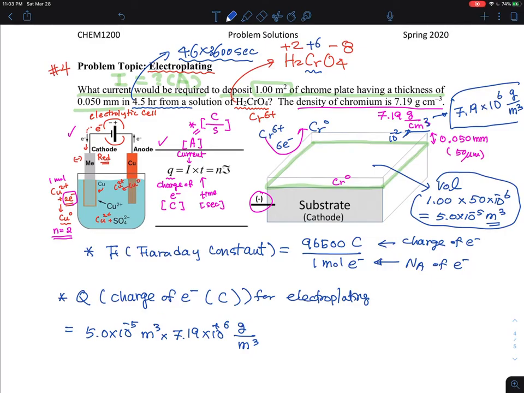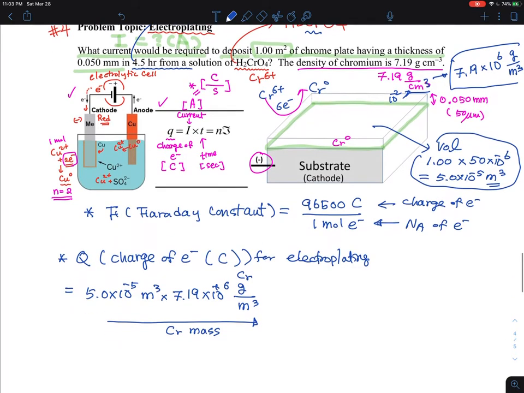And this will allow me to essentially get up to here. This is a chrome gram, right? So chrome mass. How much chrome mass do I need to deposit for the electroplating? And this is gone, and I ended up now with the chrome gram, right?